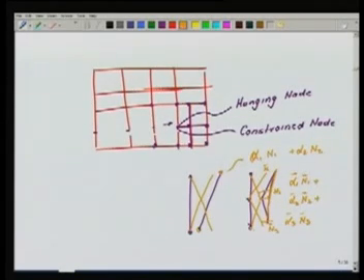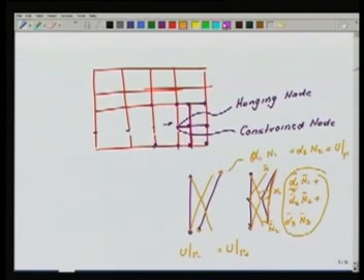So you force the u on this edge from the negative side to be equal to u on this edge from the positive side, which gives me a constraint on these degrees of freedom, alpha 1 bar, alpha 2 bar, alpha 3 bar, in terms of alpha 1 and alpha 2. So this is called a constrained approximation.